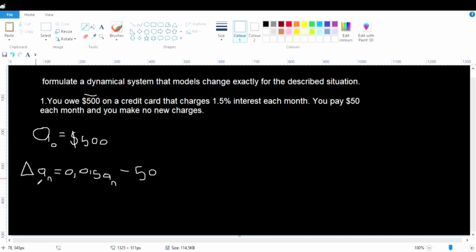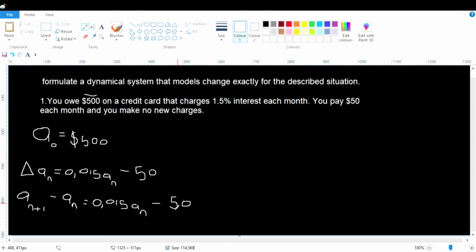So change is the same thing as a sub n plus 1 minus a sub n, which is equal to the interest, 1.5%, a sub n, then minus $50.